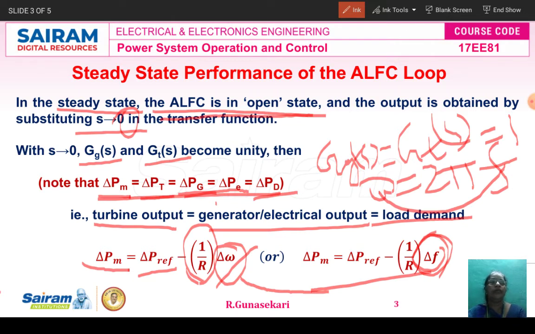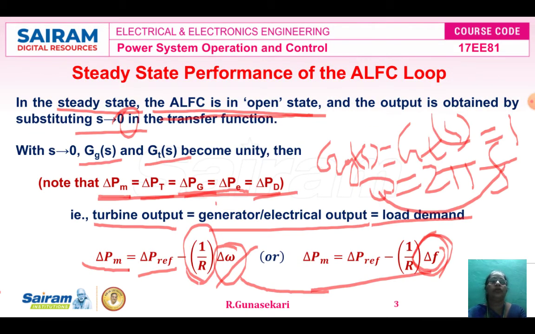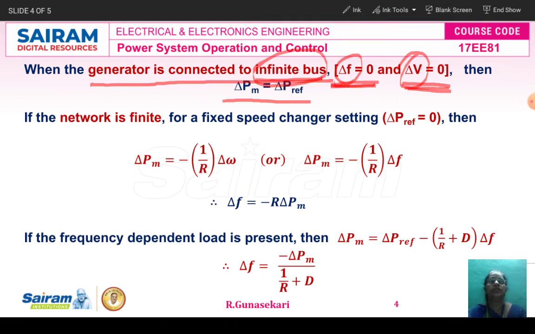That means del PM equal to del P reference, because the minus 1 by R into del F term goes to 0 because del F equal to 0. So finally we are getting del PM equal to del P reference, that is, turbine output equal to speed reference setting, when the generator is connected to infinite bus. Suppose the generator is connected to finite bus.